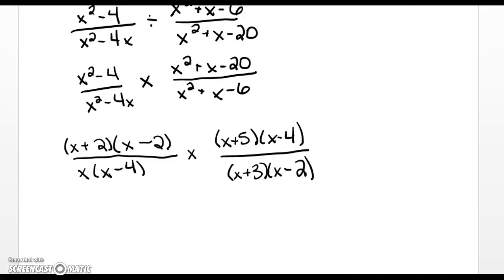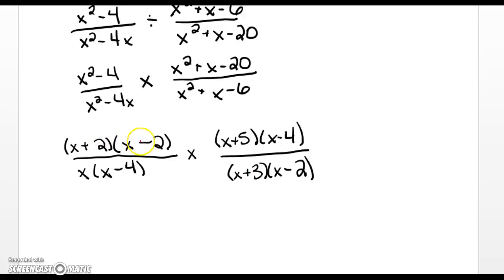So from there, now that we have everything broken into their factors, now we just have to cancel out any things that are in common. So I always start off with my first term here. So here we have x plus 2, and then just see if it's anywhere in the bottom. So we have x, x minus 4, x plus 3, and x minus 2. So that actually doesn't exist there, so we have to leave it.